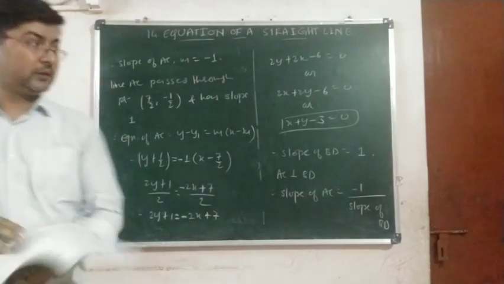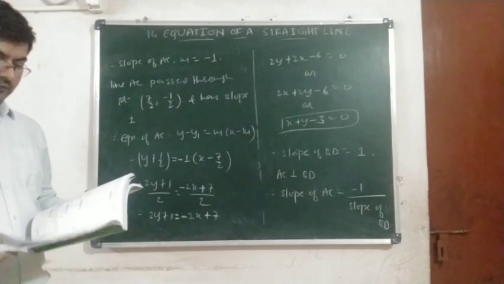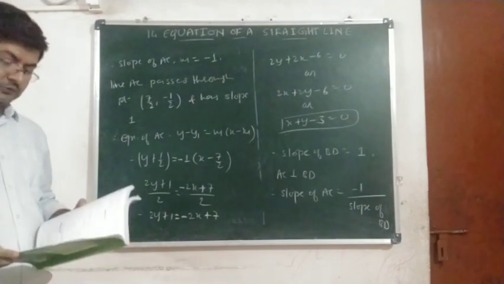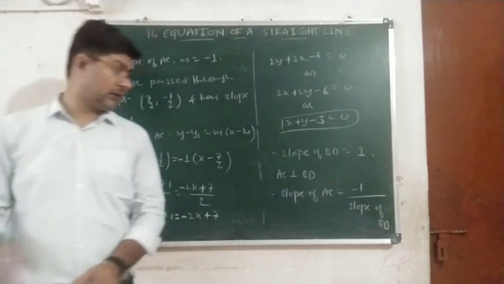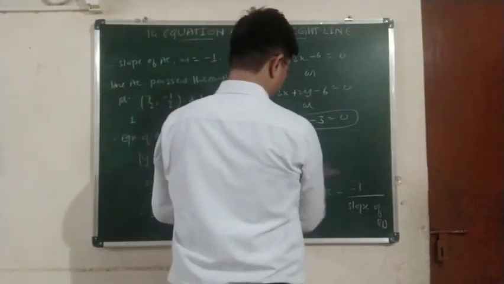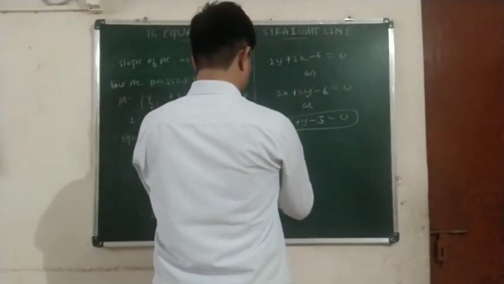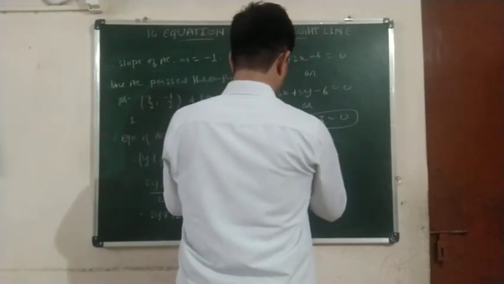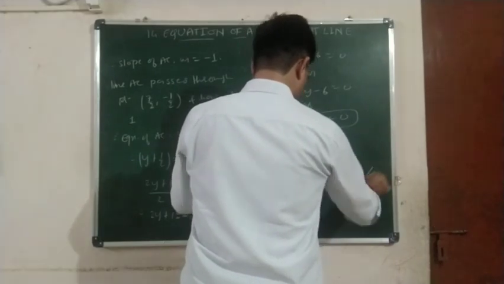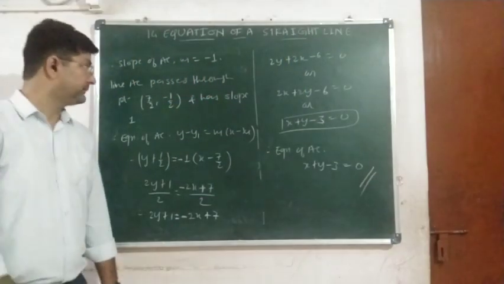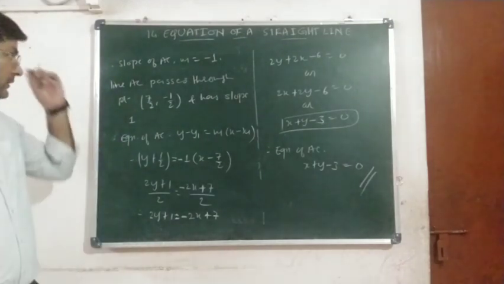Okay, this must be the equation of AC. Yes, x plus y equals 3. So let us write down the last statement: therefore equation of AC is x plus y minus 3 equals 0. Clear? Or you can even write x plus y is equal to 3.